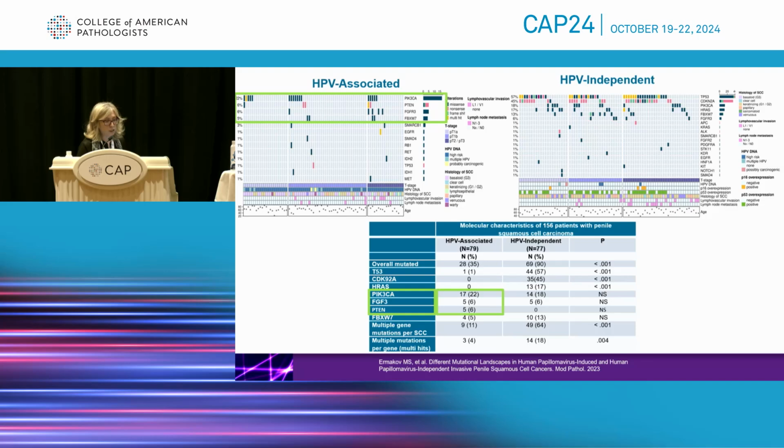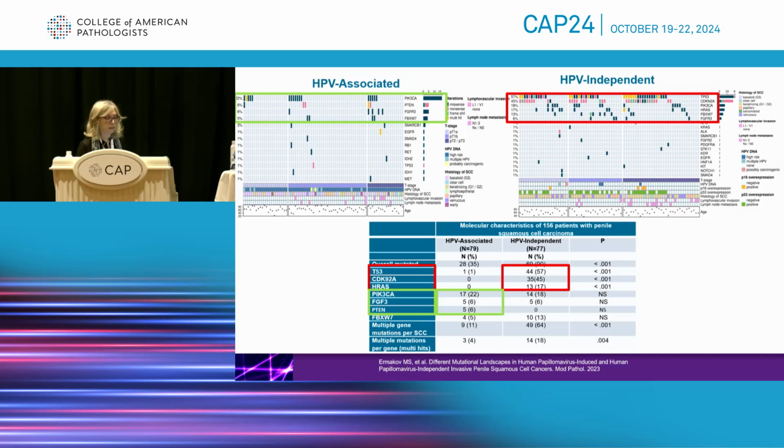For tumors that were HPV associated, you can see that there is a very distinct genomic molecular abnormality that underlies these lesions, with most of the tumors being mutated for PIK3CA and some of them for FGF3 and PTEN. Whereas if you look at the HPV-independent tumors, the overwhelming majority has P53 mutation and CDKN2A mutation, with some HRAS mutations. So this is interesting. There's a distinct split in the molecular.